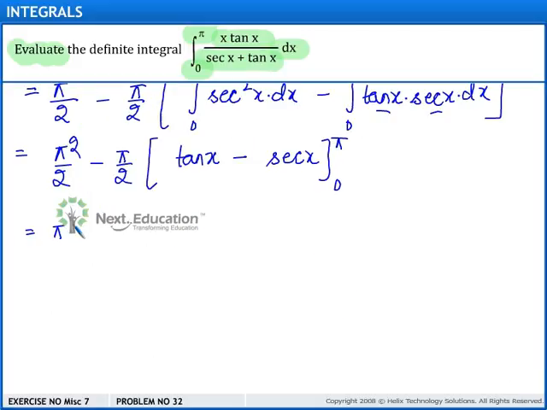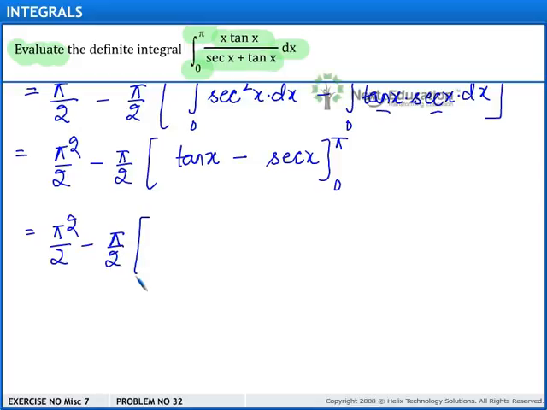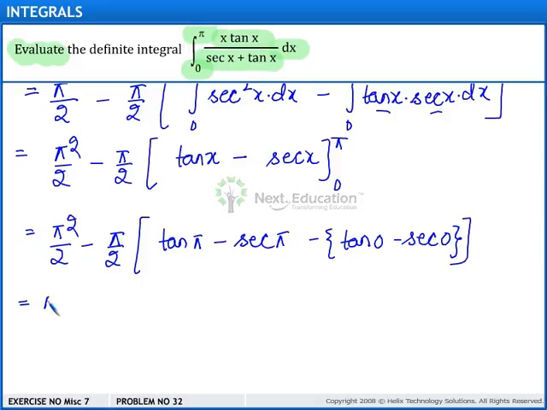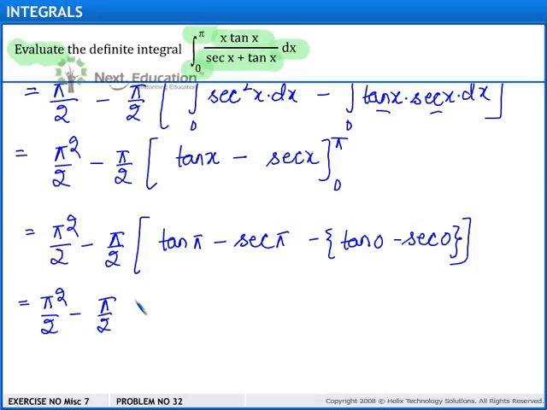So this is equal to pi square divided by 2 minus pi by 2. First replacing x by pi, we have tan pi minus sec pi, minus of tan 0 minus sec 0. So this is equal to pi square divided by 2 minus pi by 2.